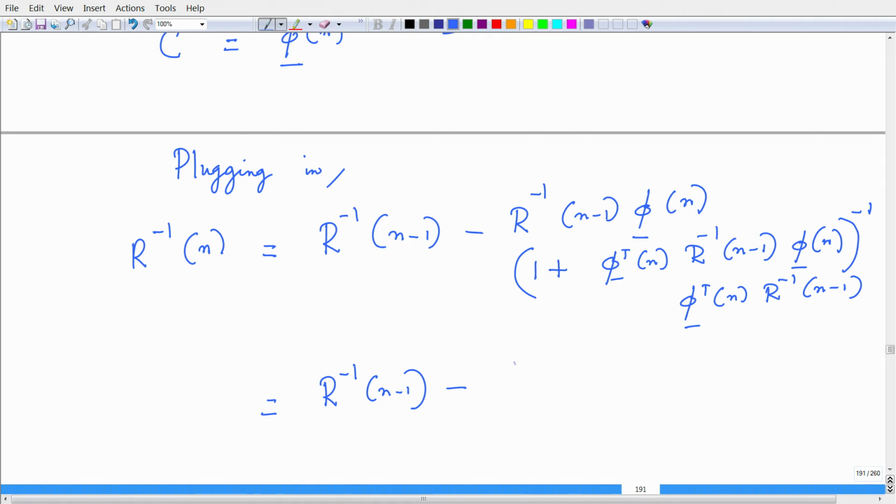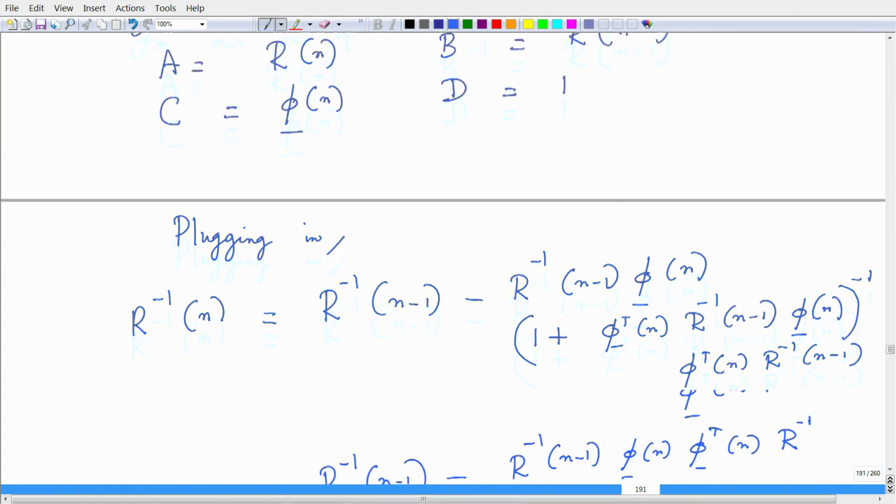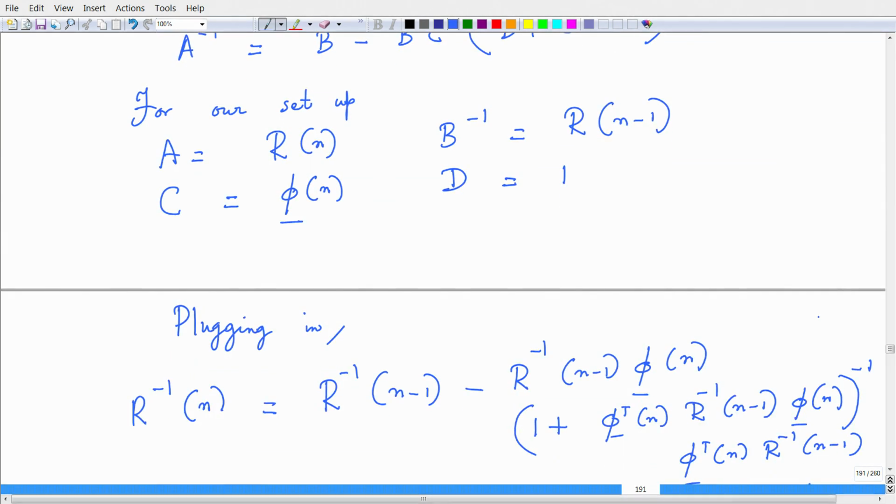So I get minus R inverse of n minus 1 times phi of n times phi transpose of n times R inverse, there should be a transpose here, right, B transpose.